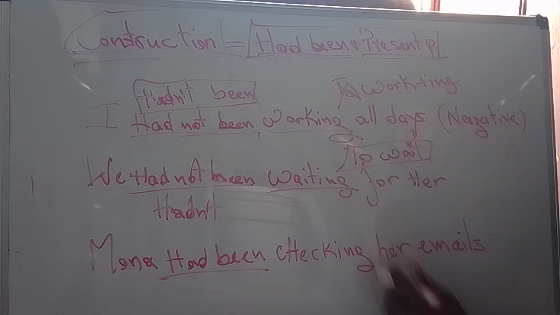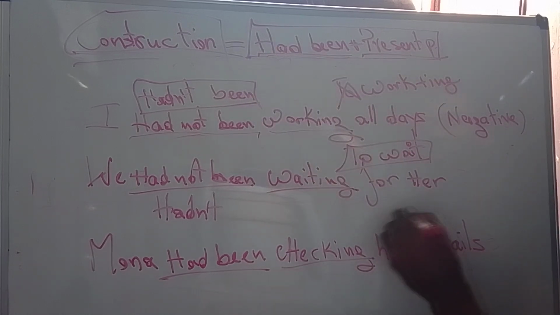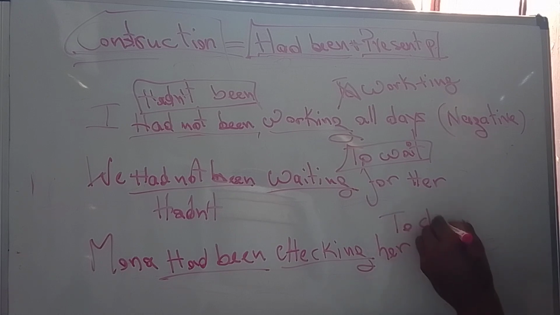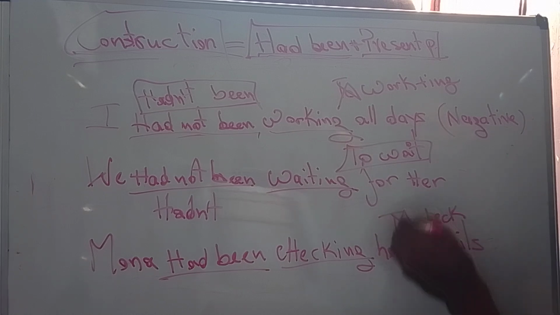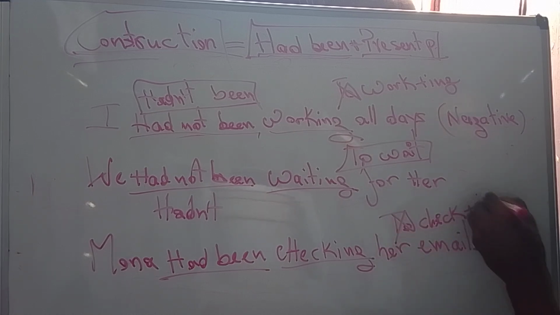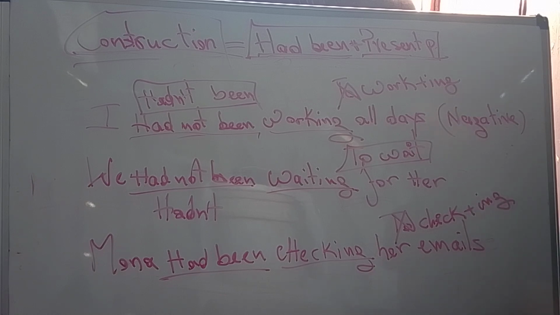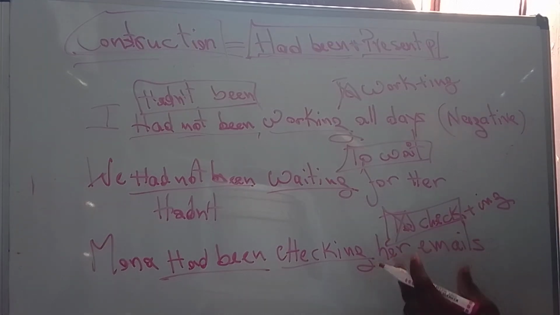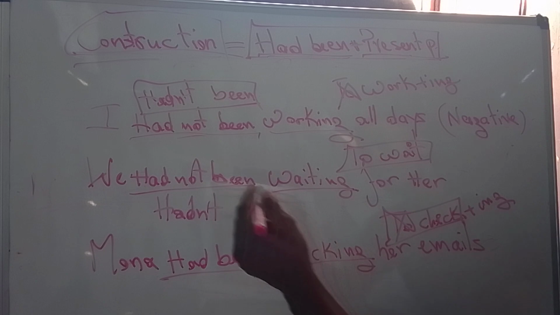This is the had been right here, and checking is the verb to check. To check. I erase that one and I put an ing right here, giving me checking. Checking is the present participle of the verb to check. Make sure you understand, guys, because it is really easy.